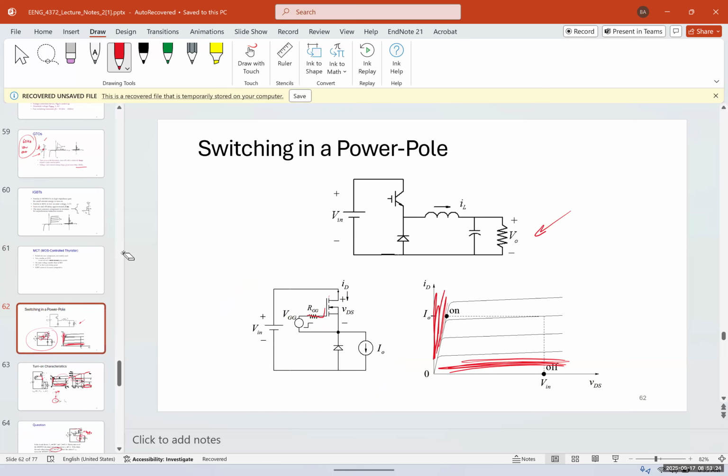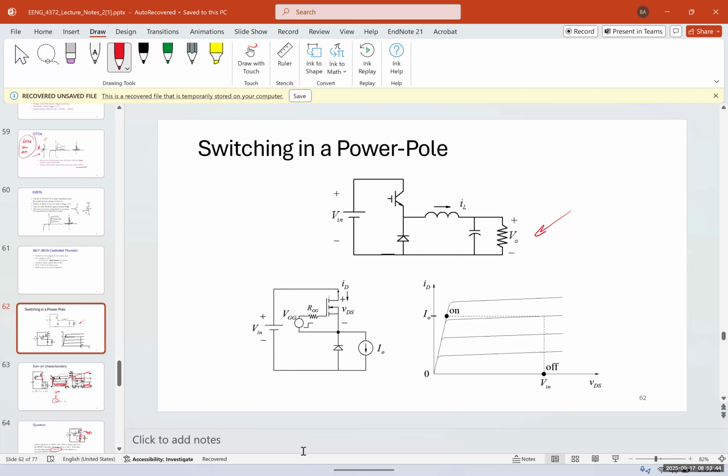Now, switching in power poles, we have an IGBT connected. You can see the diode, which helps with freewheeling.